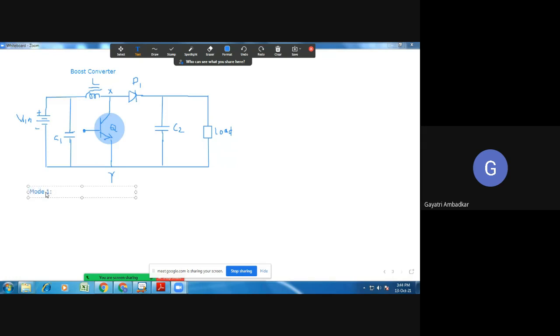In mode 1, let us assume Q1 is on. Now when Q1 is on, I can replace it by a short circuit, by a closed switch. So this will be my input voltage, V in.